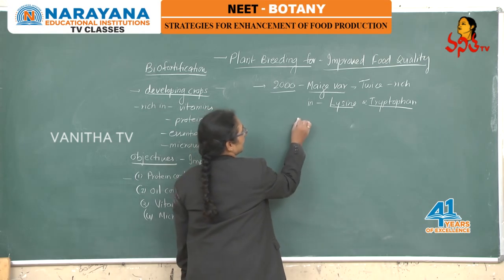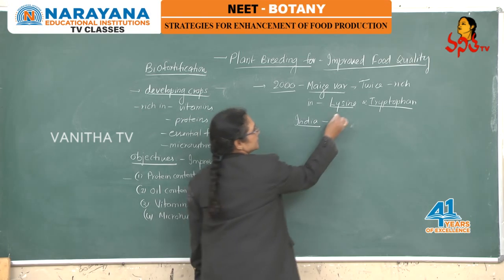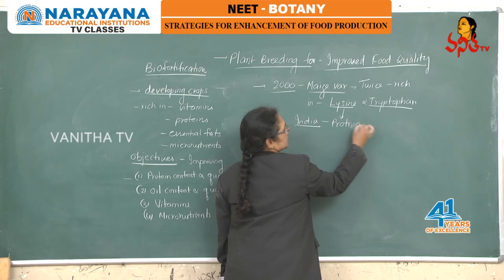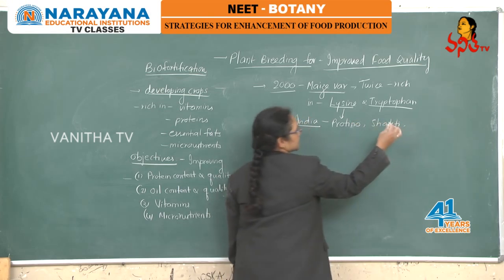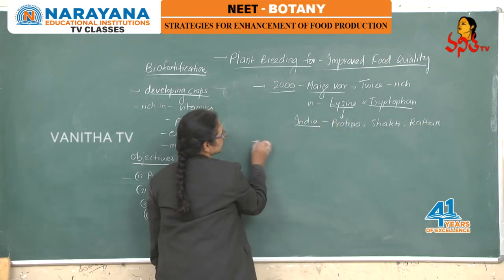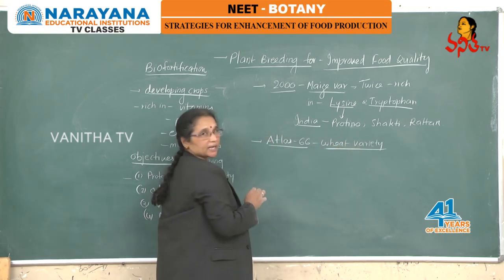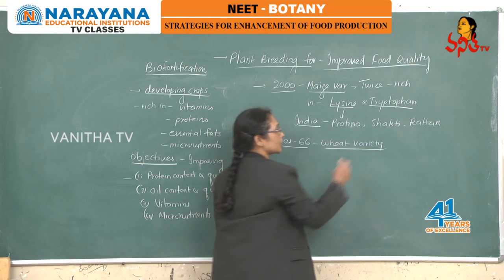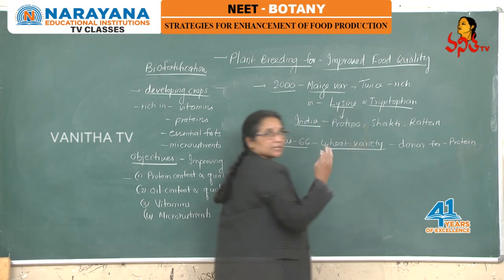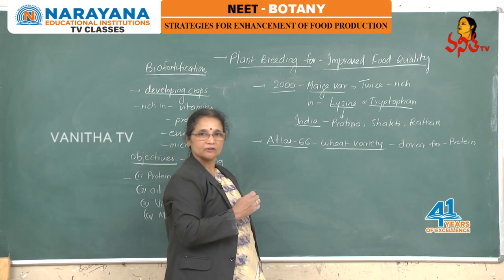For example, in India, the maize varieties developed which are rich in lysine are Protina, Shakti, Ratan, etc. Similarly, Atlas 66 is a wheat variety which acts as a donor of the protein character for other cultivated varieties.